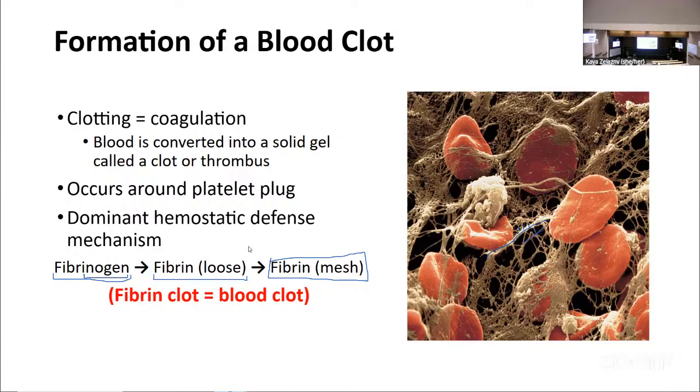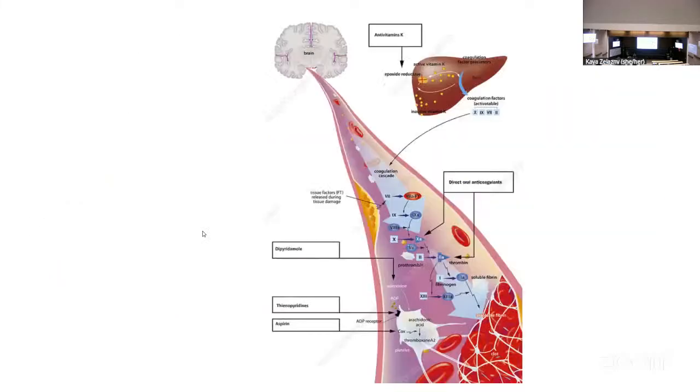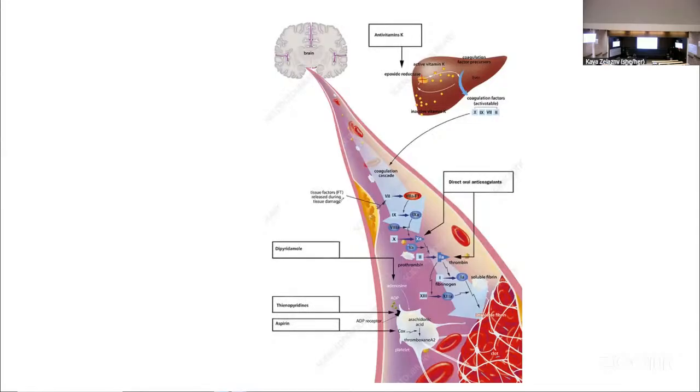And this is another way you can look at it. As you can see, we've got something from someone else's textbook here, but here you can see that meshwork as well, right? What we're looking at is a fibrin meshwork. This is the stable mesh, right? Here we see the blood cells trapped in it, helping us form this blood clot, right?